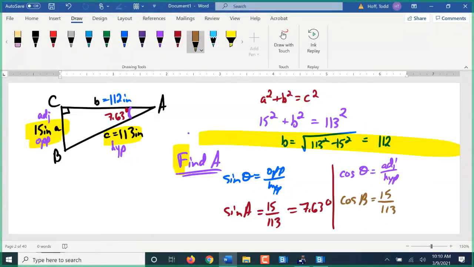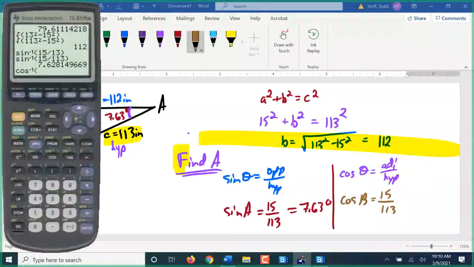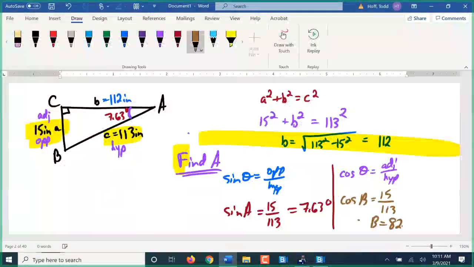So I am going to do an inverse cosine of 15 divided by 113, and it does give me 82.37 degrees. This angle here is 82.37 degrees. So I can find missing angles in that triangle by looking at the sides I'm given in relation to that angle, and determining what trig function it represents.